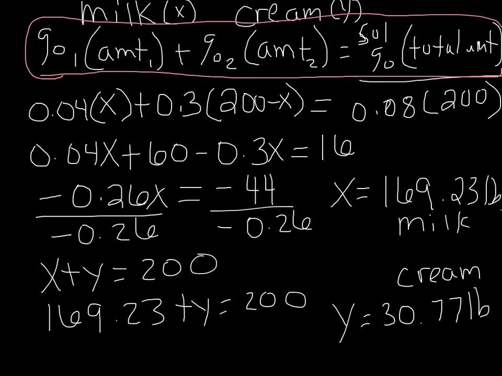I think the hardest part about this problem was that even when I read it the first time, and I saw the 200 pounds of milk for cream cheese, I was confusing that with the milk and the cream. And then I had to look at the graph again to see that, oh, there's a milk for cream cheese right there. So sometimes it's just taking a step back and looking at what you're given again, and then plugging it in appropriately and knowing what you're dealing with.